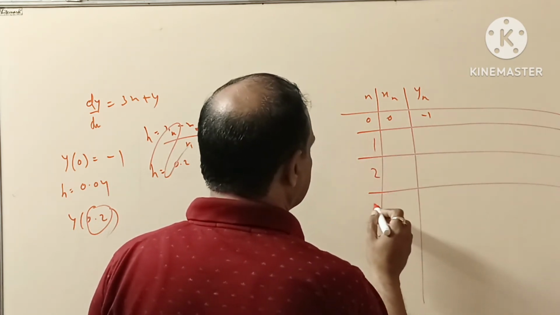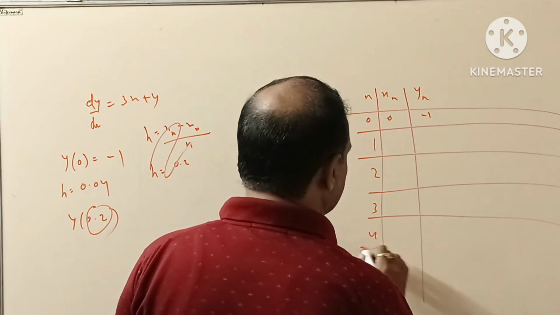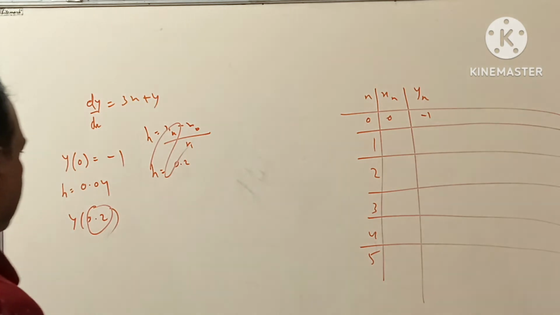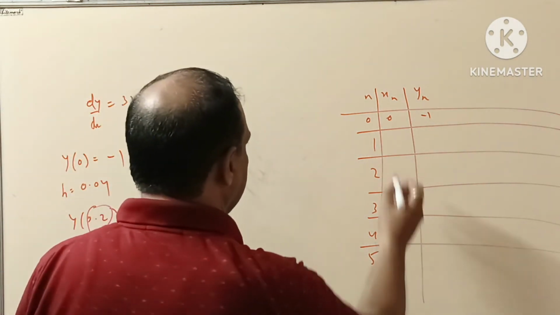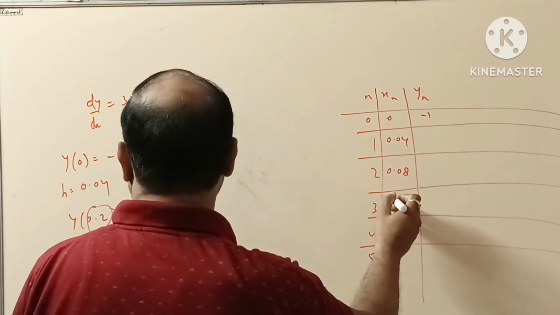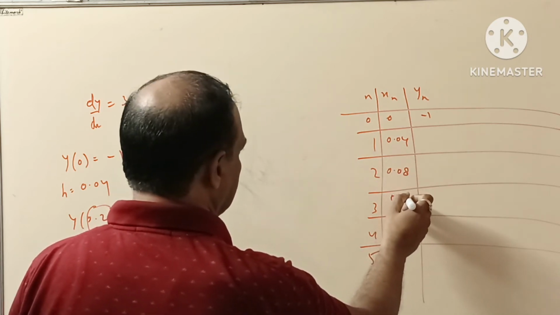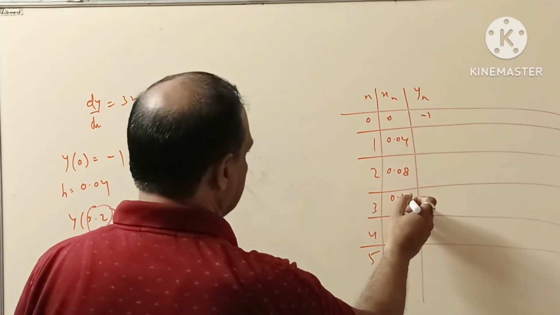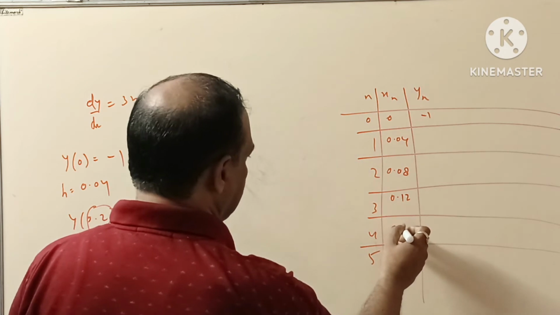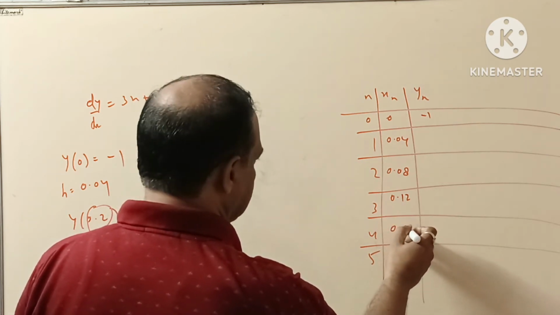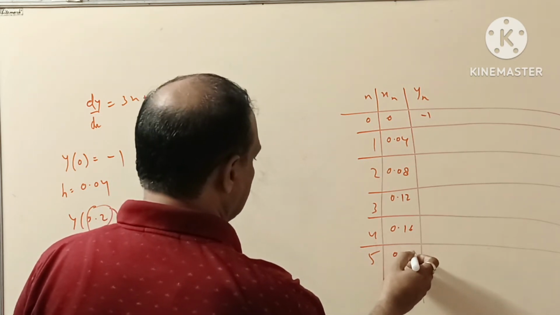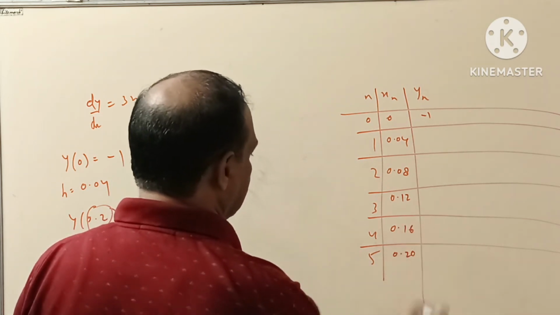This is 1, 2, 3, 4, and 5. If we go with the step size, I am putting the value for x1 as 0.04, then it will be 0.08, then 0.12, then 0.16, and here it will be 0.20, or you can say 0.2.